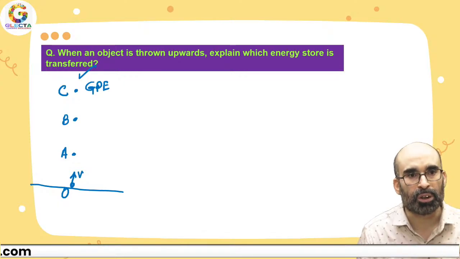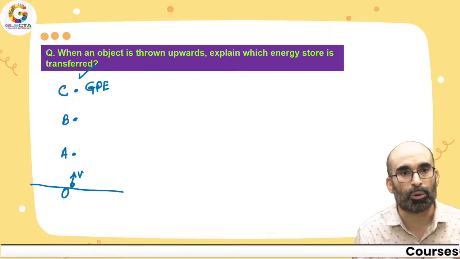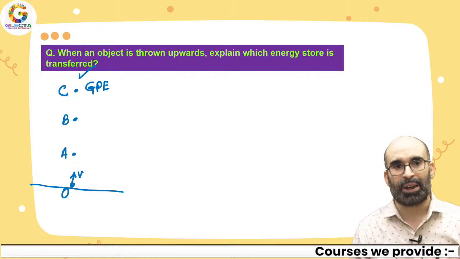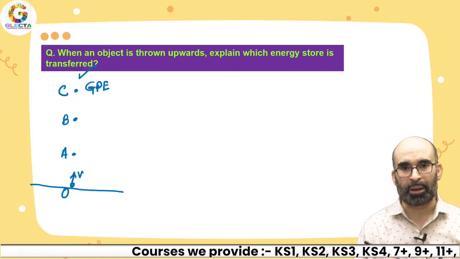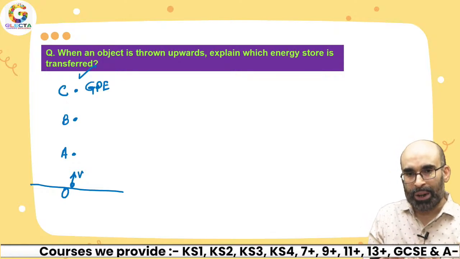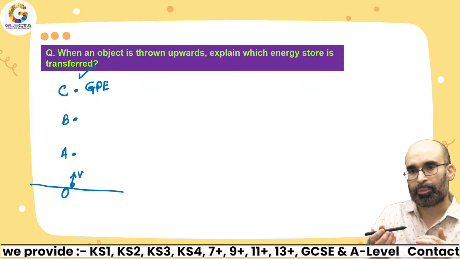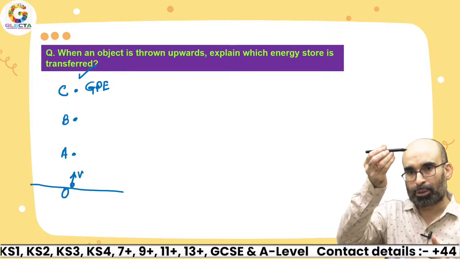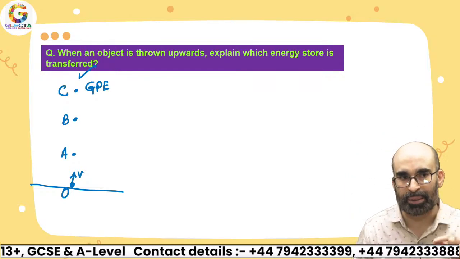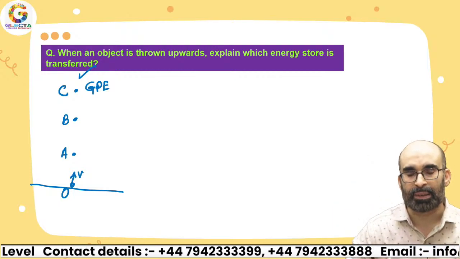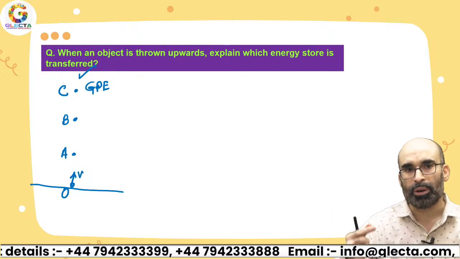When gravitational potential energy increases, doesn't kinetic energy also? No, it is opposite. Michael, I want you to understand this. When you throw something upwards, it is going against gravity and the speed is decreasing. When speed decreases, kinetic energy also decreases.